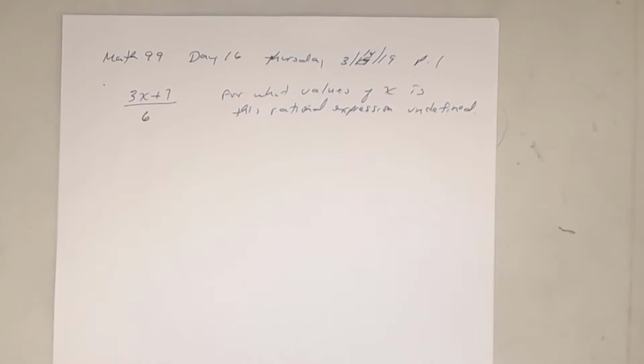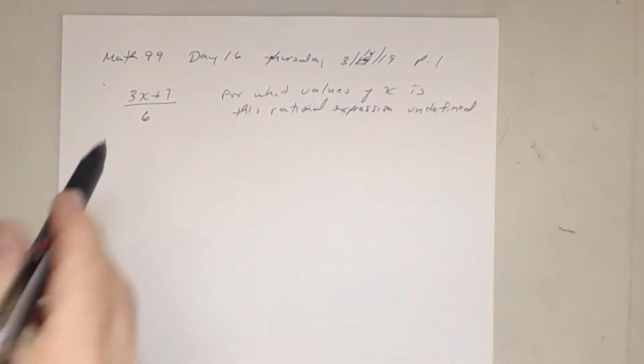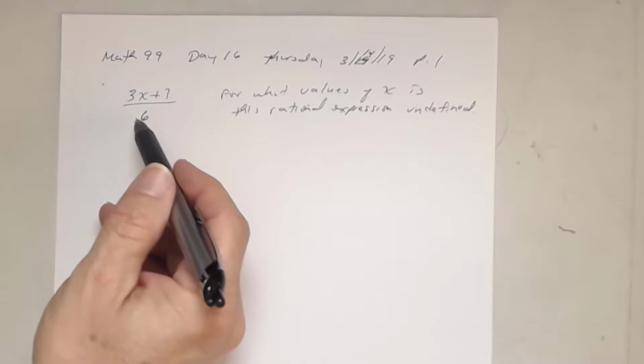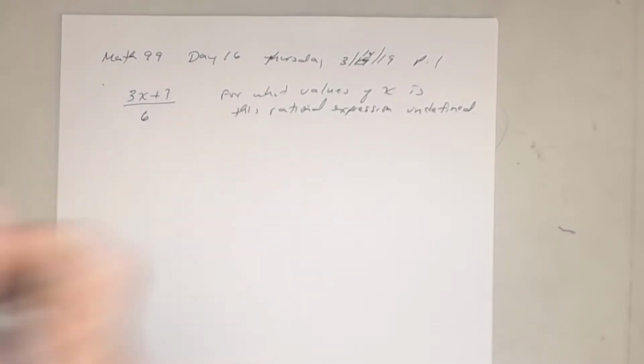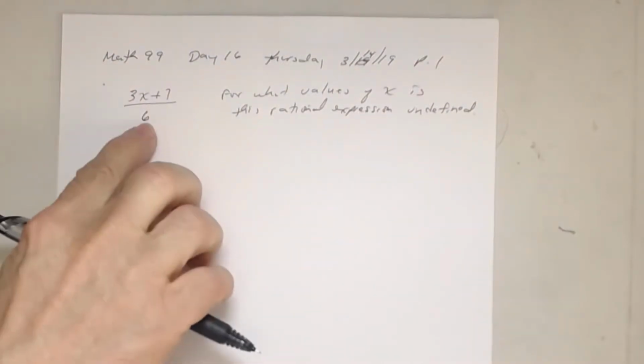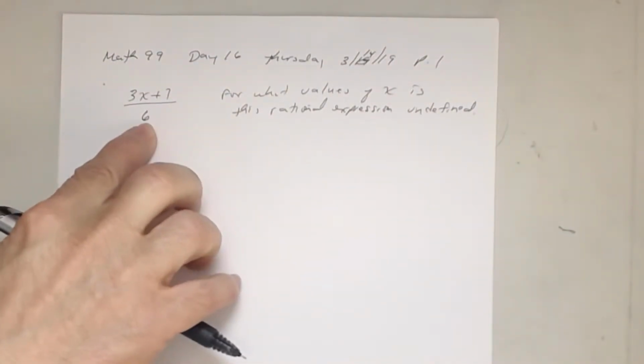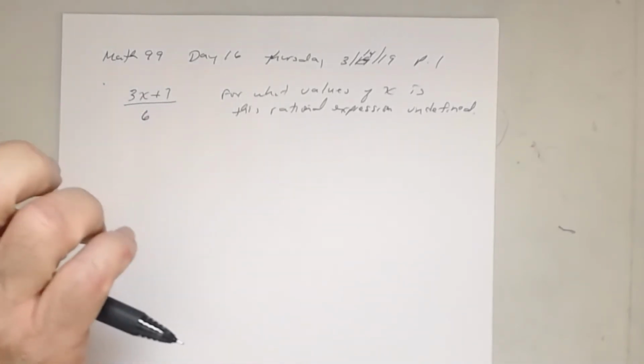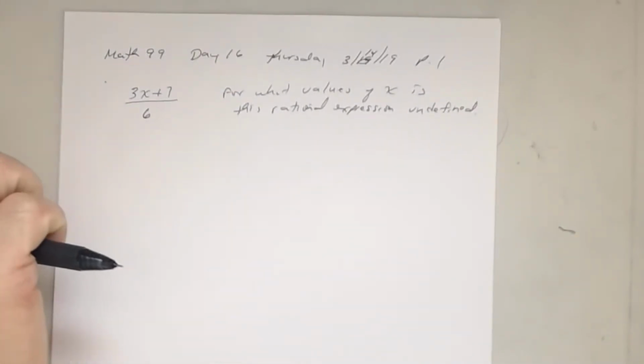Well, it's just kind of like when we solved the equation where you had that 3 equal to 0. Did it make any sense? No. So you look at this denominator. Does my denominator contain a variable? No. So is it ever undefined? A rational expression is undefined when the denominator is what? My denominator is always going to be 6. It's never going to be 0. So are there any numbers for x where my rational expression is undefined?